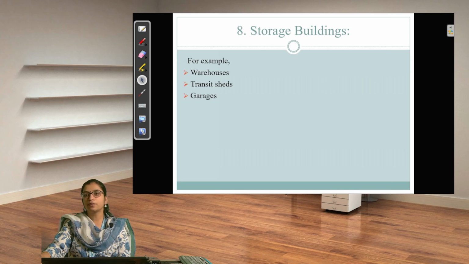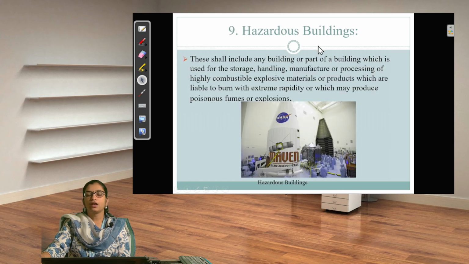And the last one, the ninth, is the hazardous building. This shall include any building or part of a building which is used for storage, handling, manufacturing or processing of any highly combustible products, which quickly combust or catch fire fast, where we manufacture or store them. That building we call a hazardous building.